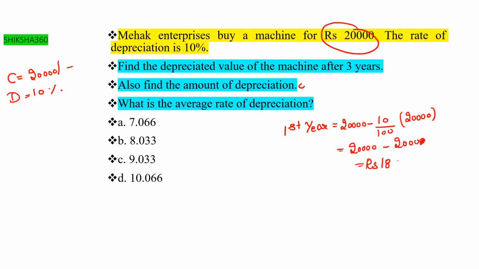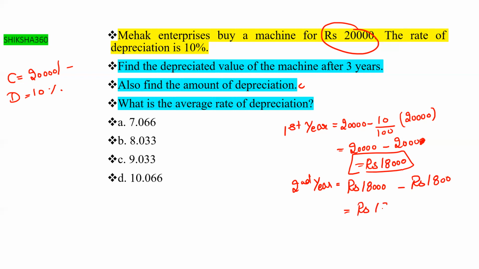After the second year, depreciation is the same: 18,000 minus 10%, which is 1,800, comes out to be rupees 16,200.